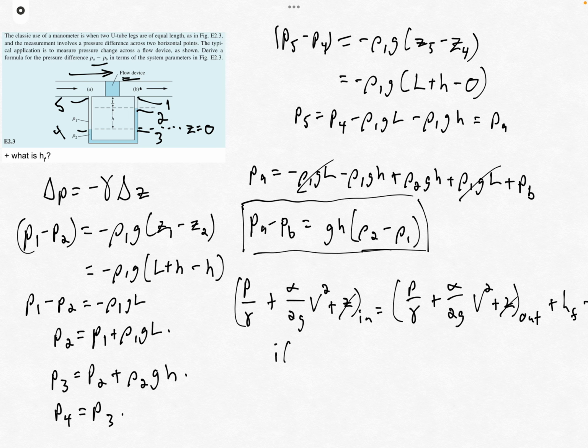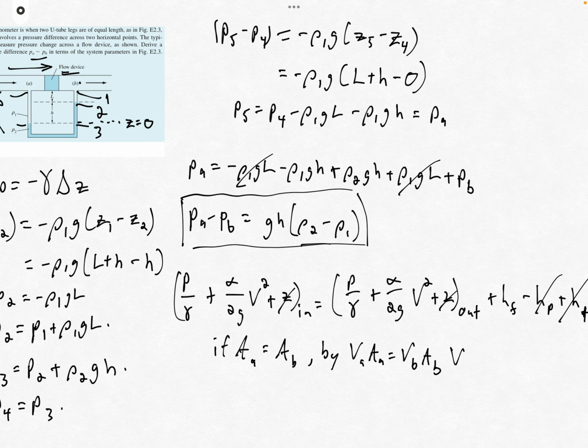So if A_A is equal to A_B, then by mass conservation, V_A A_A is equal to V_B A_B, then V_A is equal to V_B, and that means that these velocity terms are going to cancel out as well.